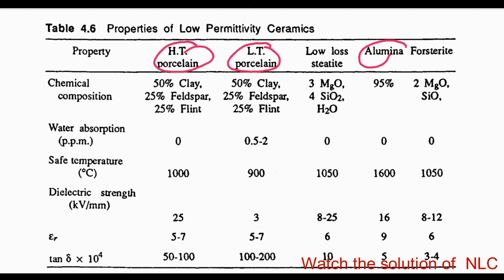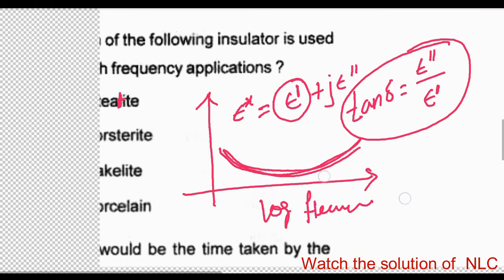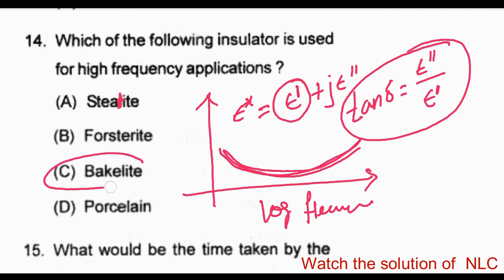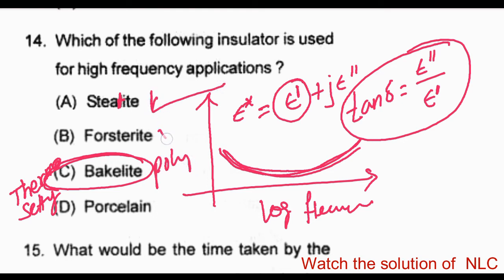Bakelite is a thermosetting polymer, so it has no comparison with these things. Bakelite is a thermosetting polymer, but all these, steatite, forsterite and porcelain, are ceramics.